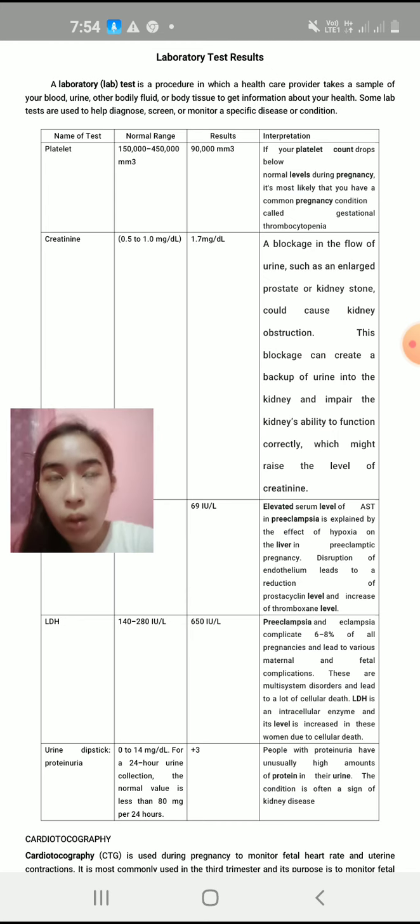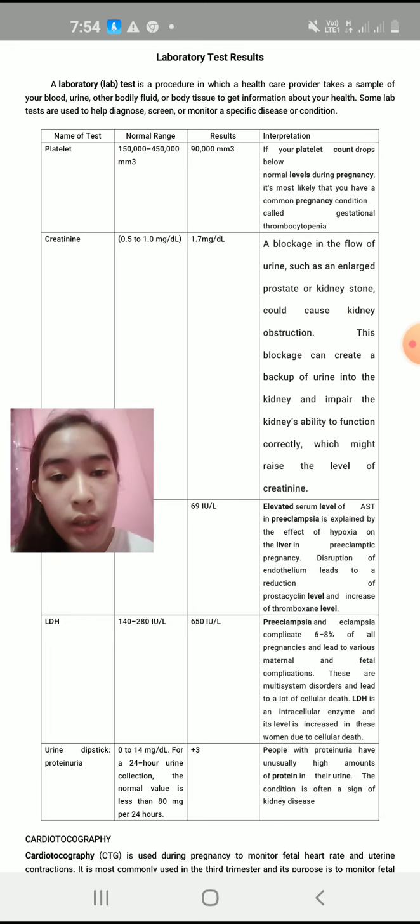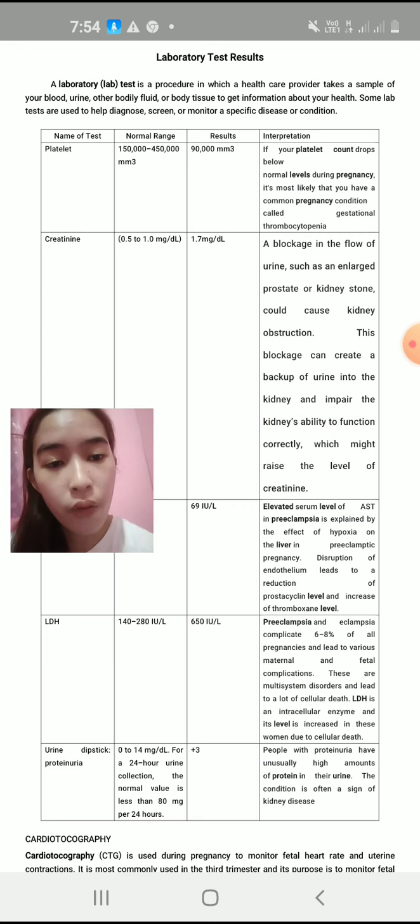So, low ang iyang platelet then sa patient. And then for the interpretation, if the platelet count drops below normal levels during pregnancy, it is most likely that you have a common pregnancy condition called gestational thrombocytopenia.